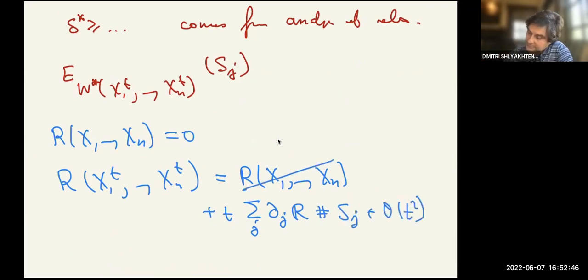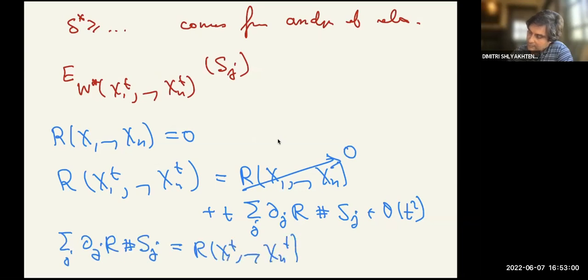So the point is that this is 0, and so what you get is that the sum djR hash Sj is something in the algebra generated by x1, ..., xn plus a correction of order t squared. So what you really need to do is to estimate that.